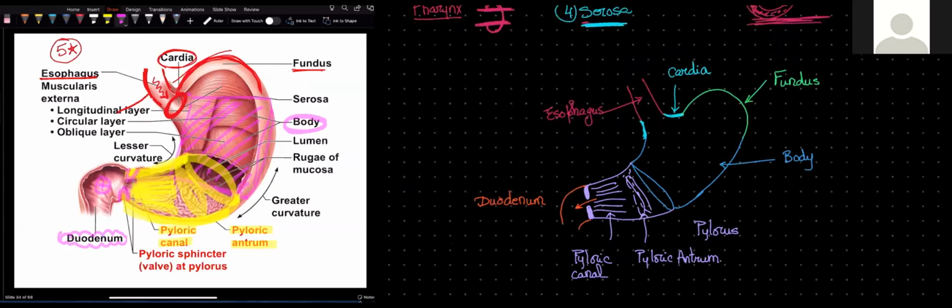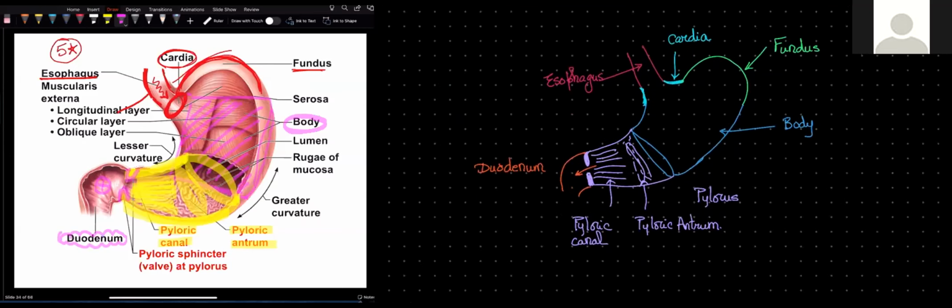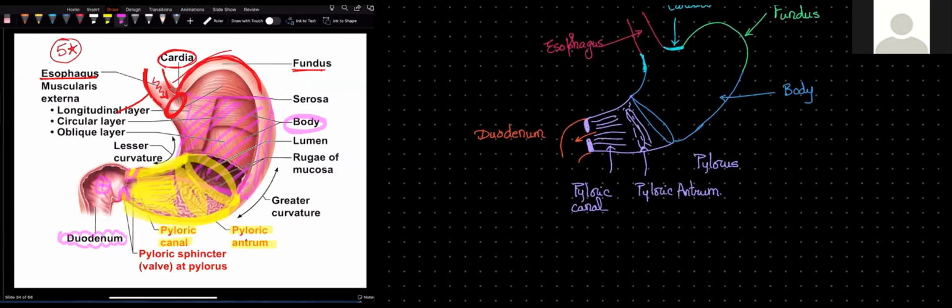So what did we study? Did we have a fundus, a body, and a terminal region? Do you remember? What body organ did we study that had a fundus, body, and a distal region? And the distal region also did have an internal opening and an external opening and the canal in between.